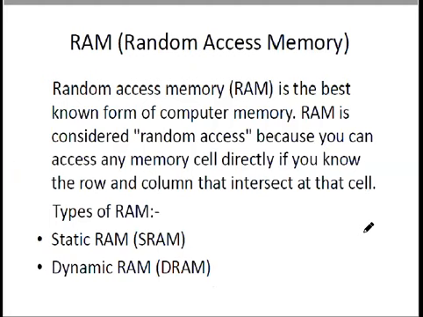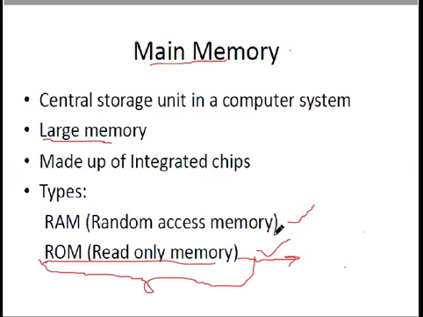Random access memory is the fastest type of memory. Before we go to the classification of the various memory sets, let us broadly classify the memory into two categories.